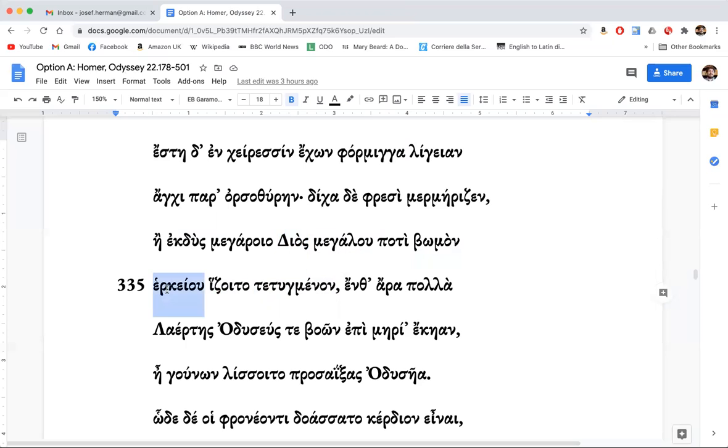And Zeus here is given an epithet, which is herkeiou, which means of the courtyard. So in other words, Zeus as he is worshipped in a sort of courtyard, at a courtyard altar. And, you know, the Greeks liked giving these epithets or nicknames to the gods, depending on where they were being worshipped or in what capacity they were being worshipped.